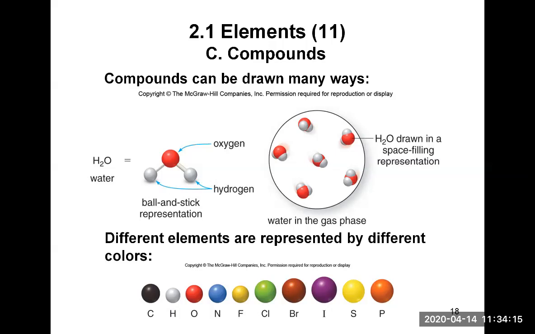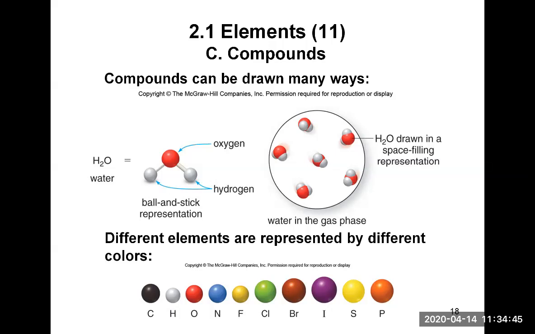And in that representation, the balls are closer together, and it's more realistic from that point of view, because when atoms are bonded, their spheres overlap, and that's what creates the bonding. It's when the electron clouds overlap. And so this is more realistic of what a molecule of water would look like at the atomic level.